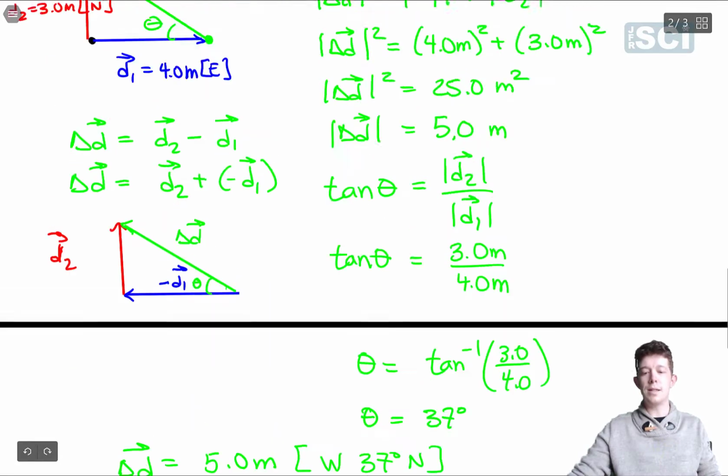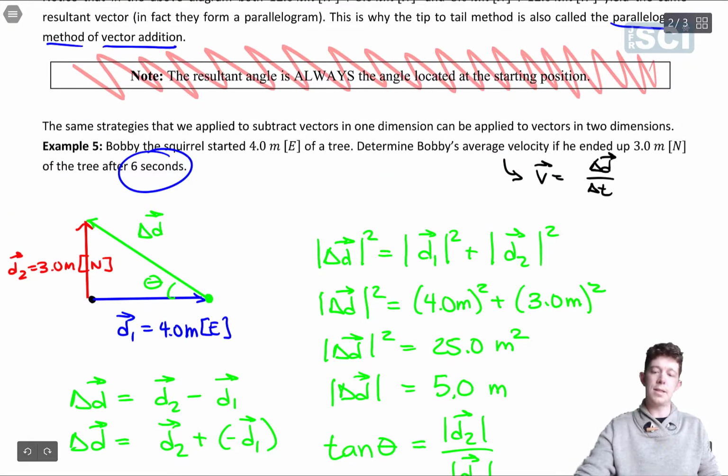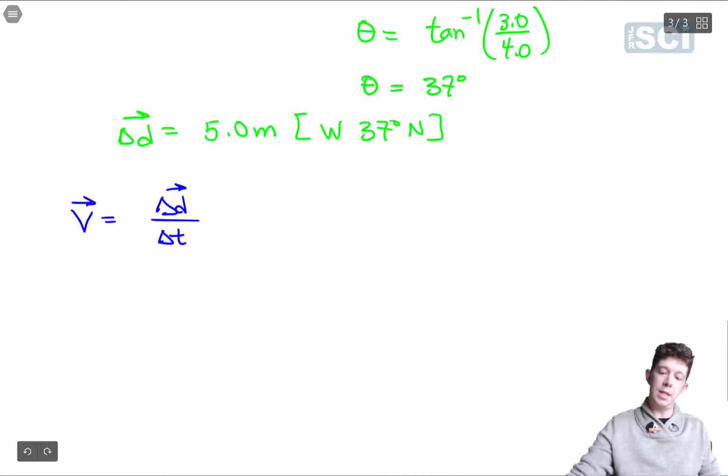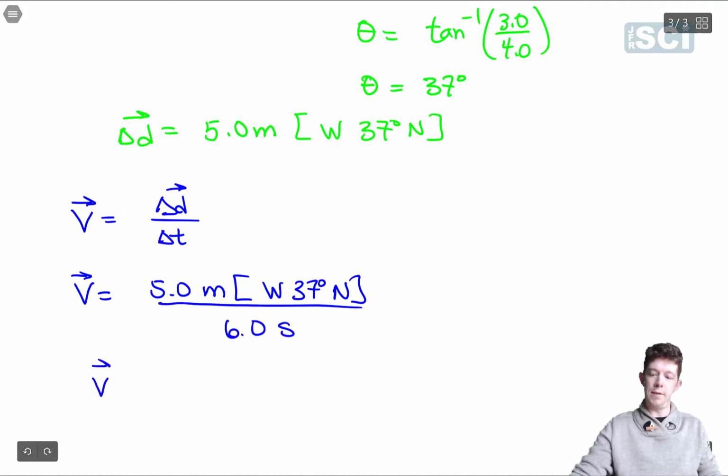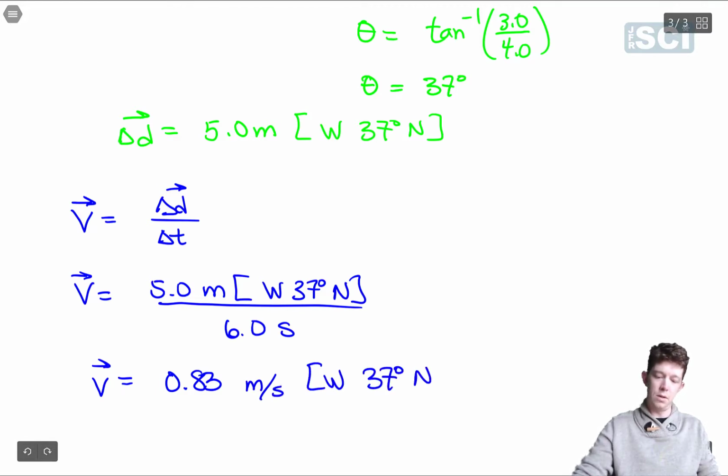And the squirrel does this route in 6 seconds. So that means that my velocity is going to be 5.0 meters west 37 degrees north in 6.0 seconds. So that, if I calculate, gives me 0.83 meters per second west 37 degrees north.